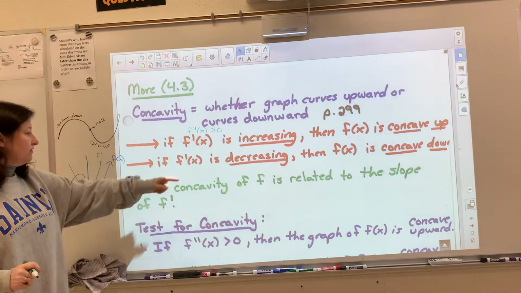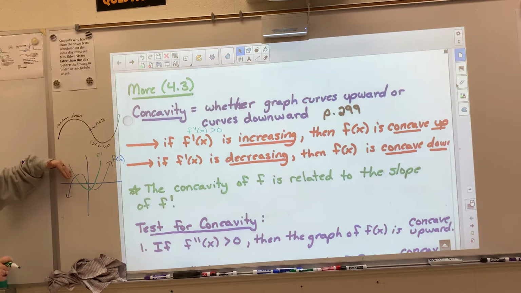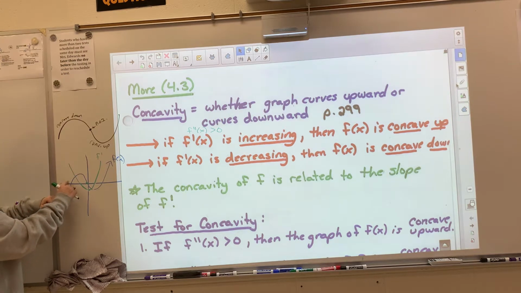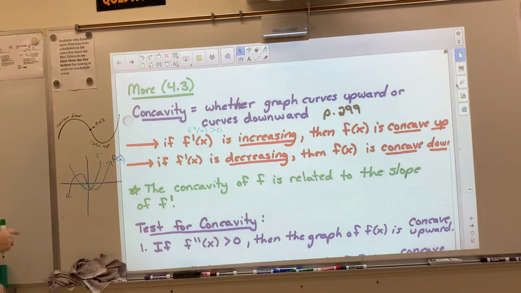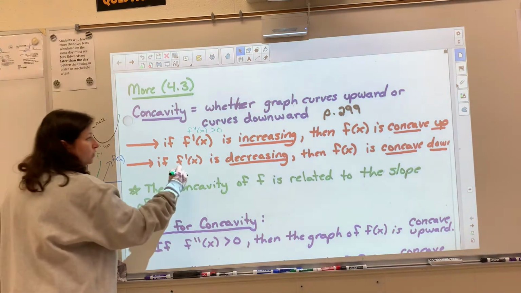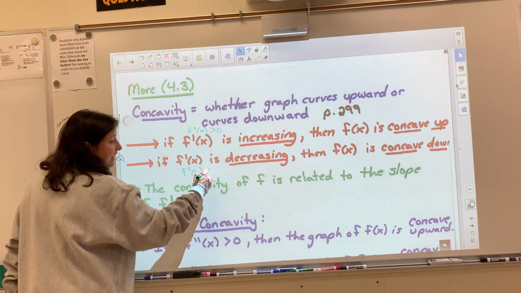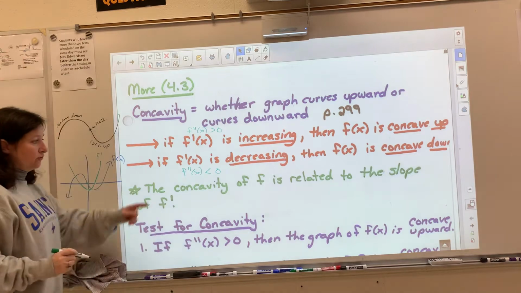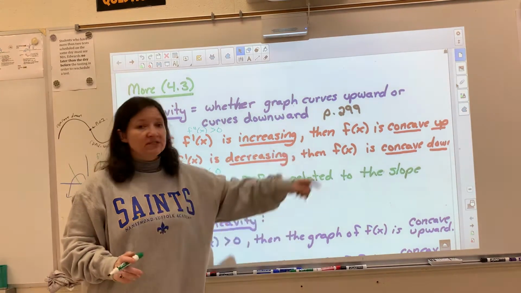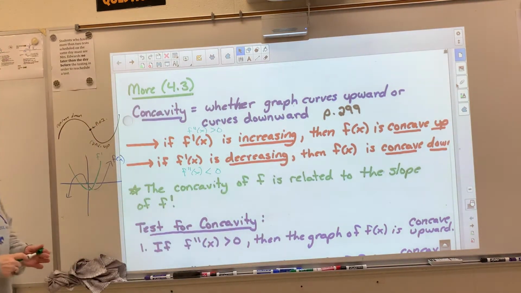When the first derivative is decreasing, so see my green curve, look at the original. It's concave down. Well, what measures the decreasing of the first derivative? The slope of the slope would be the second derivative. So when the second derivative is negative, the first derivative is decreasing, which means the original will be concave down.